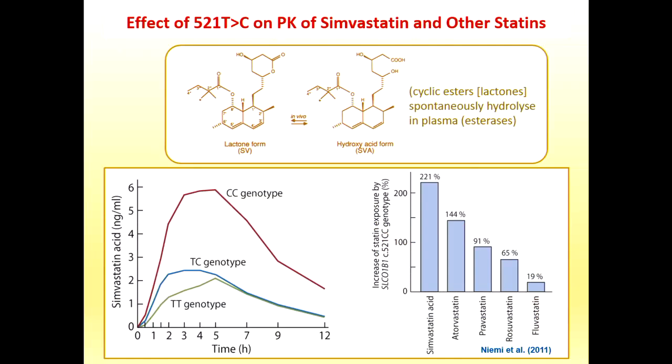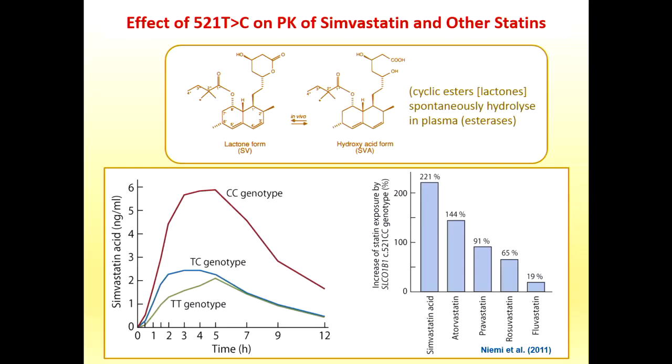People looked at the impact on the pharmacokinetics of simvastatin, and simvastatin has interesting kinetics. It's basically a prodrug, an ester, and it gets spontaneously hydrolyzed in blood to form this sort of ring-opened hydroxy acid form here. This is the one that's predominant in vitro.